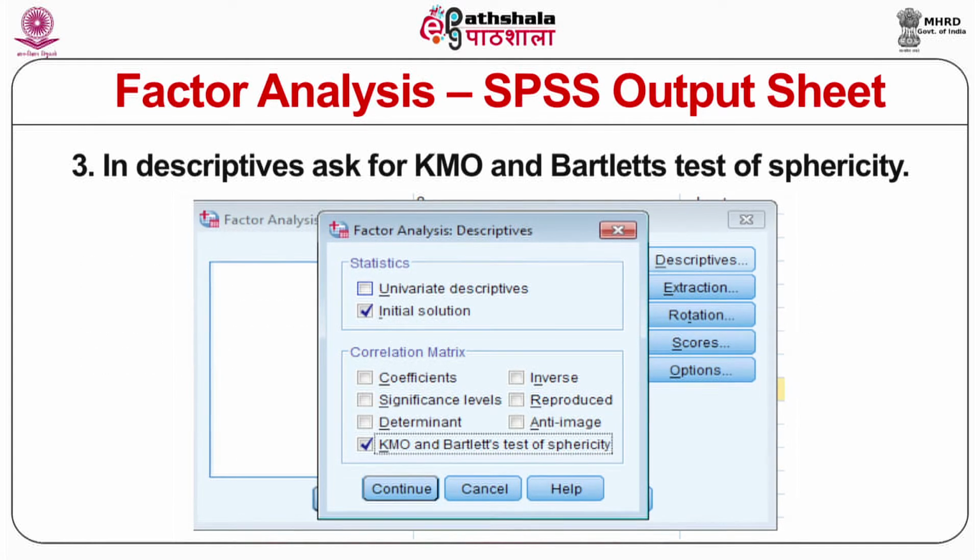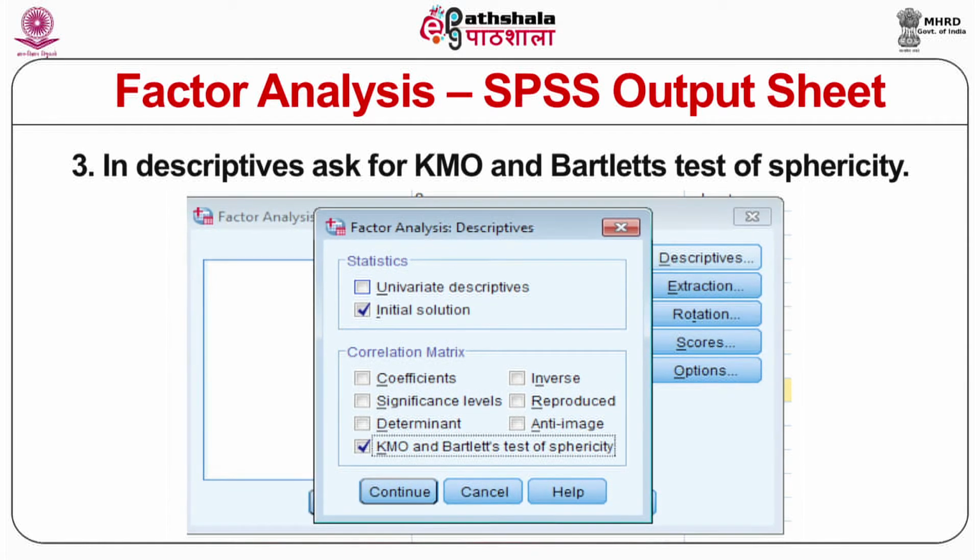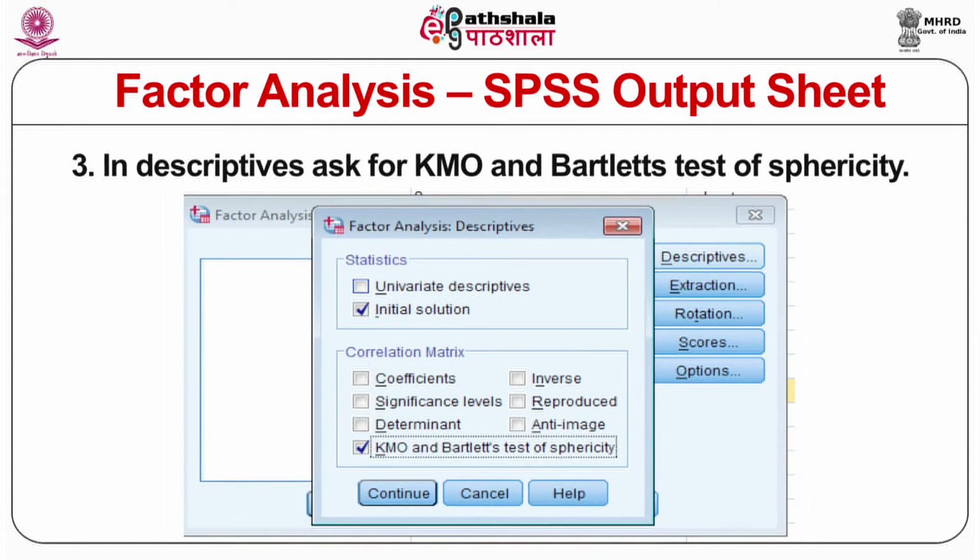Step 3. In Descriptives, ask for KMO and Bartlett's test of sphericity. The Kaiser-Meyer-Olkin, generally used as the KMO measure of sampling adequacy, is an index used to examine the appropriateness of factor analysis. Any high values, that is between 0.5 and 1, indicate that factor analysis is appropriate.